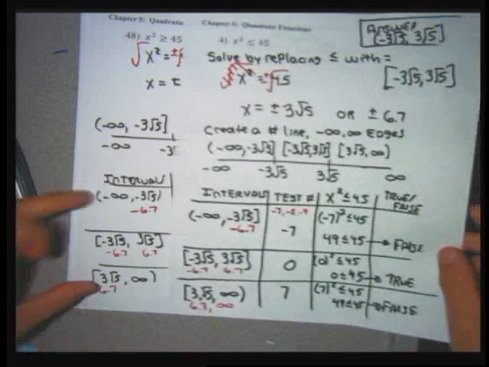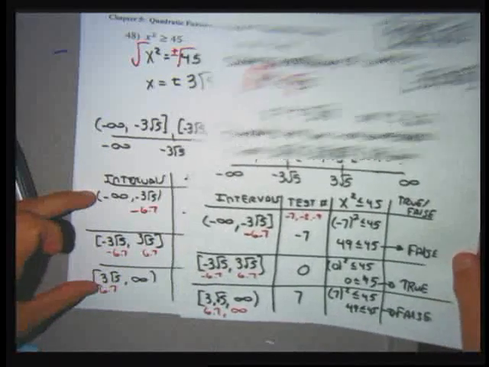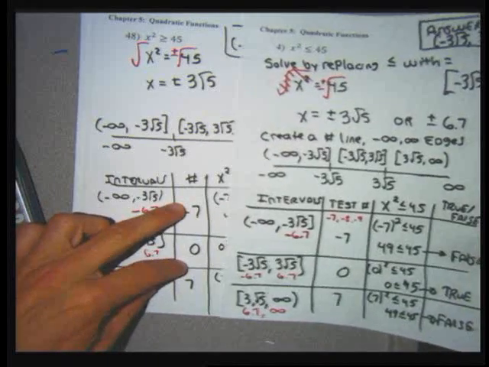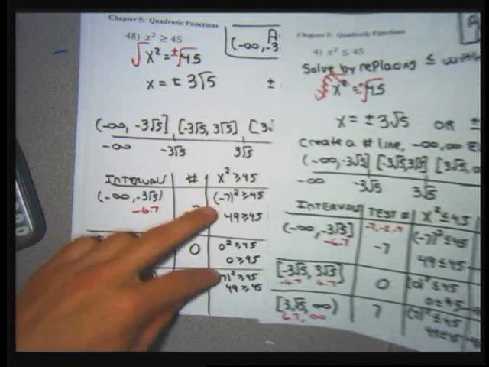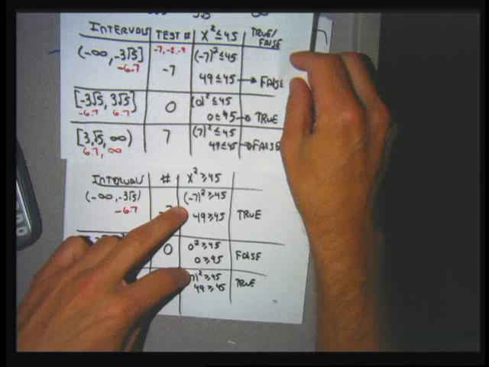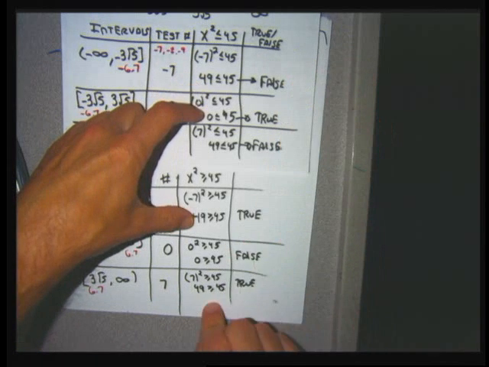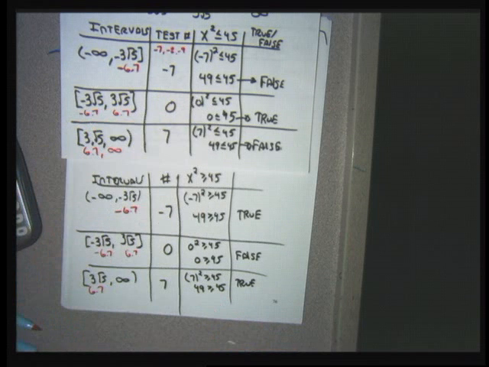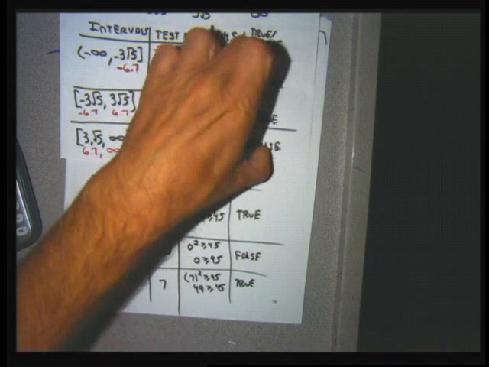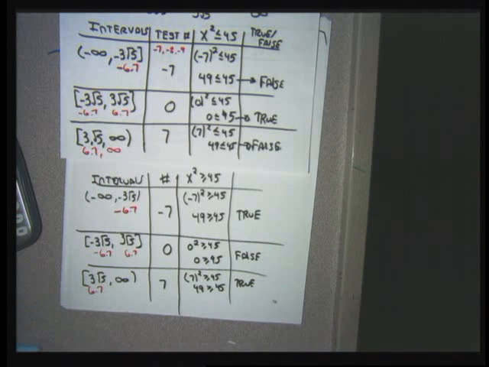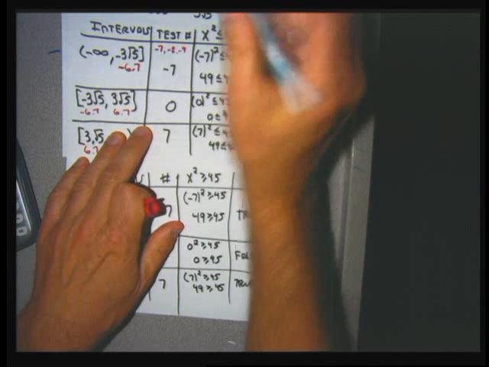Fourth step, the beginning of the table's the same. The test number's the same. The numbers I even plugged into the inequality are the same. Look at this, I have 49, 45, 0, 45, 49, 45. The only thing different algebraically between problem 46 and problem 4 is this part right here, because the only thing different is what I'm comparing.